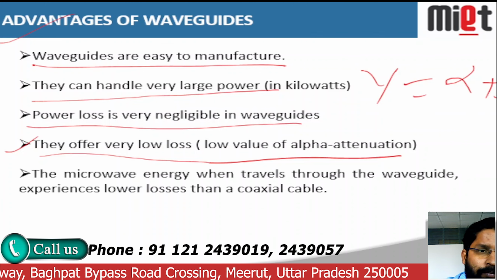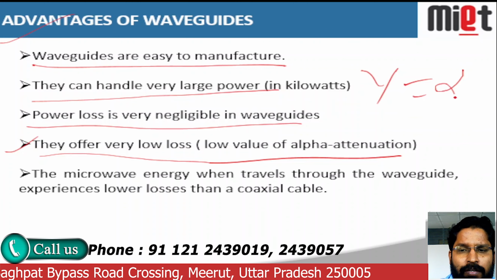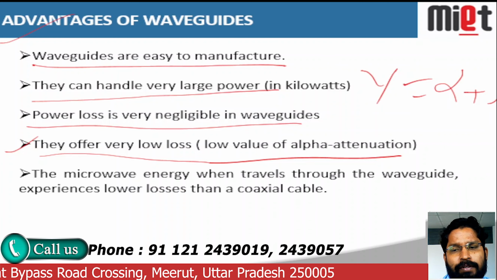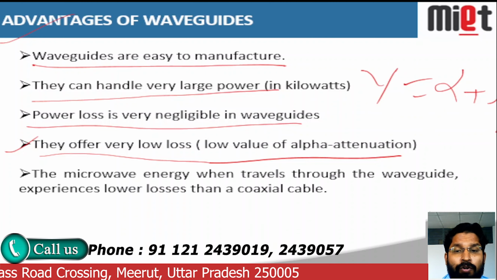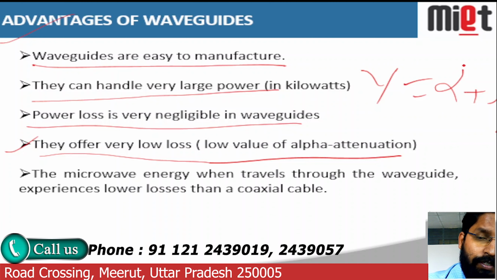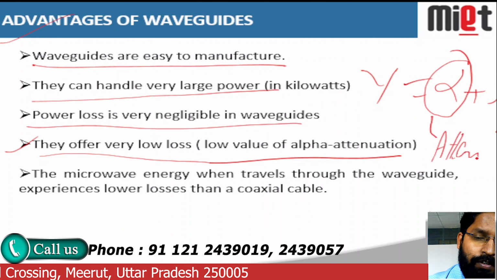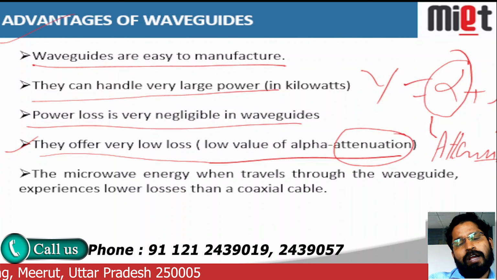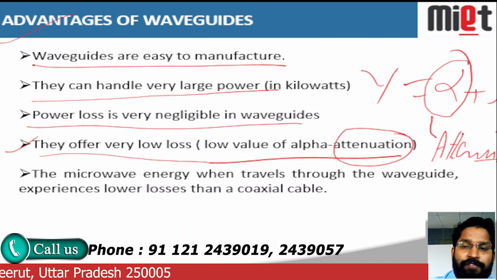Alpha is the attenuation constant, and beta is the phase constant.